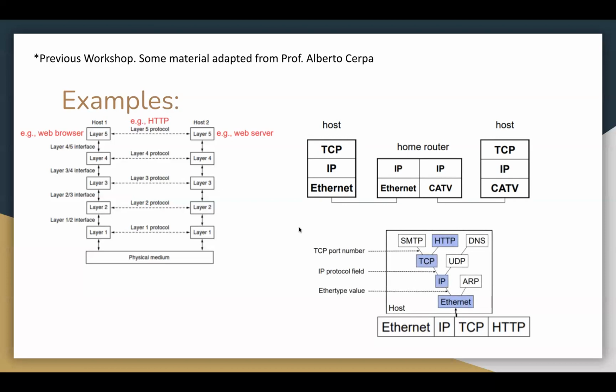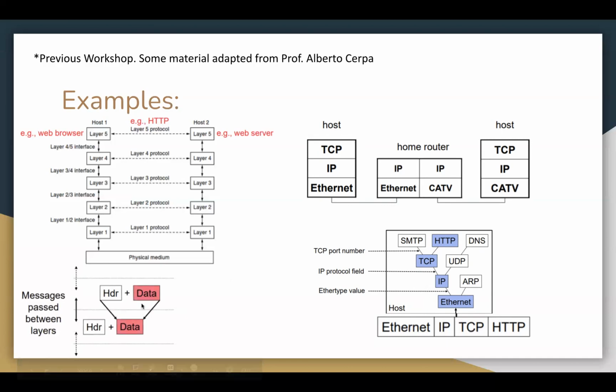There are multiple protocols per layer, and you have to choose one for each layer, and then you formulate some sort of packet. So we have Ethernet, IP, TCP, and HTTP. This is one data packet that you're sending over, and how these are passed down is first you have the data, which is your request or response, such as for HTTP, and then headers.